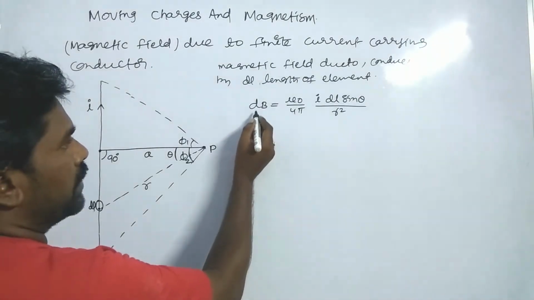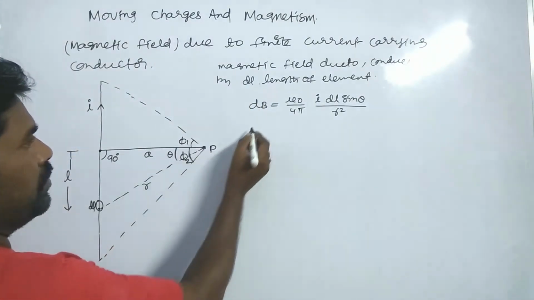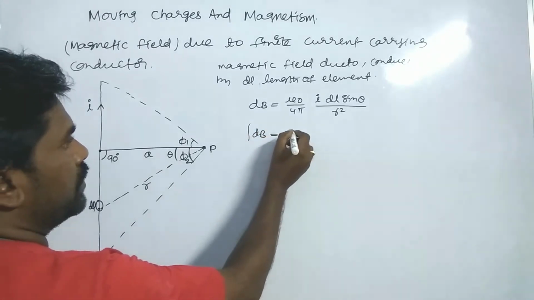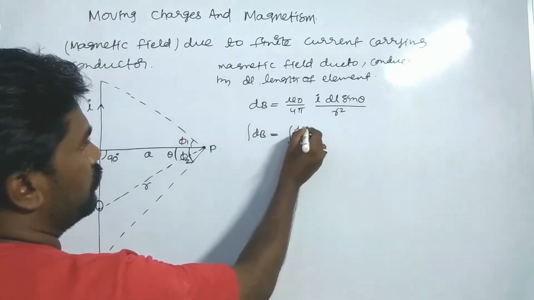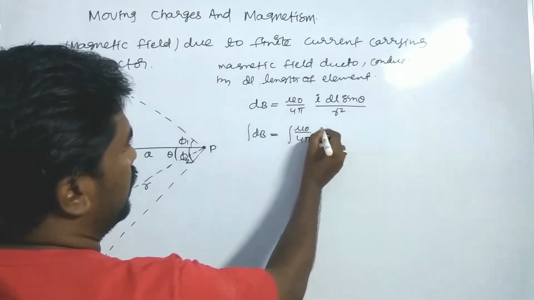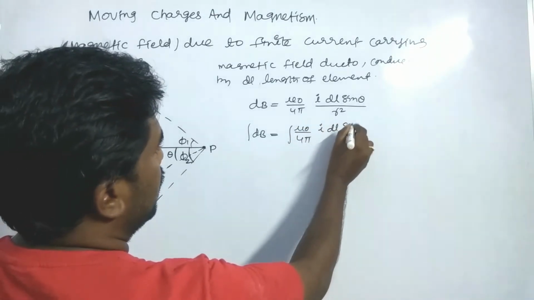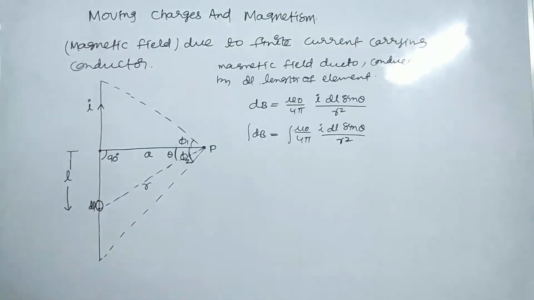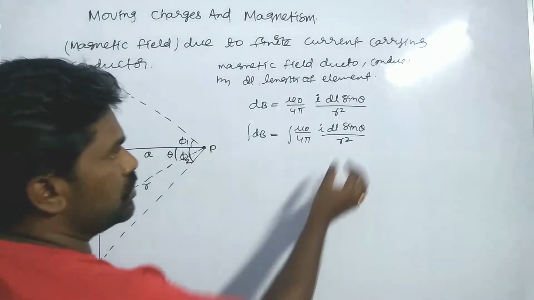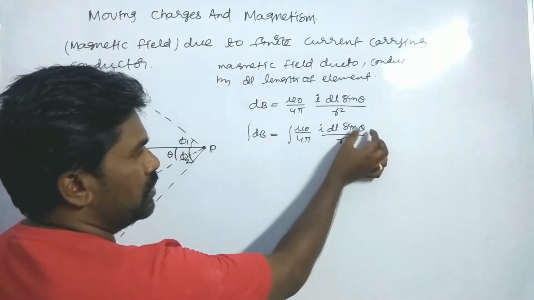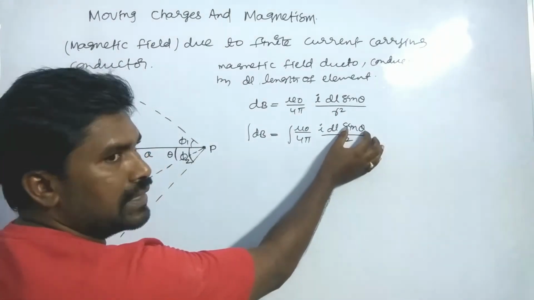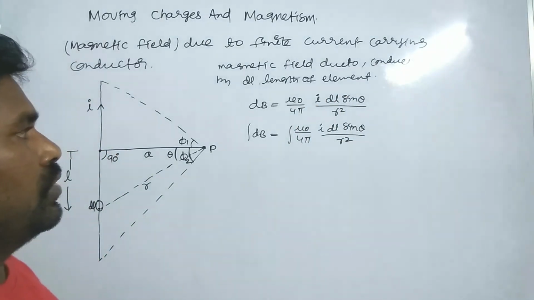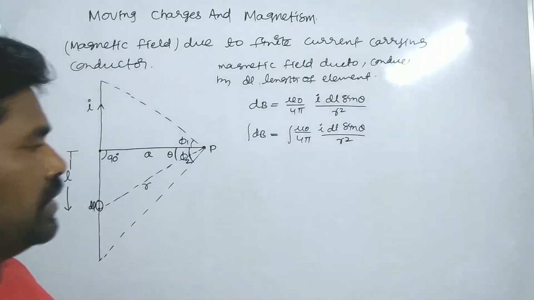To get the total magnetic field you have to integrate on both sides, that is B is equal to the integral of mu naught by 4 pi I dl sin theta by r square. Here we should not do the integration because there is no d theta, this is only sin theta. Whenever there is a d theta, only then you have to do the integration process.